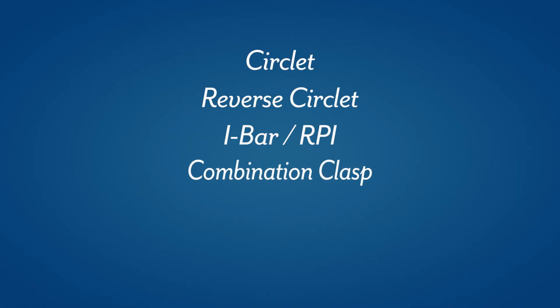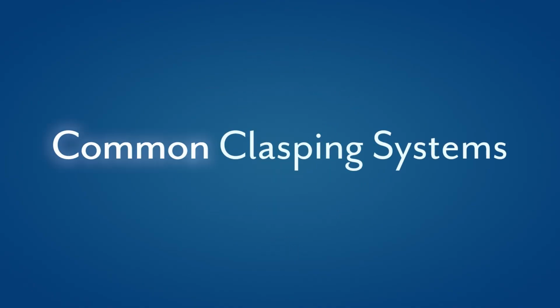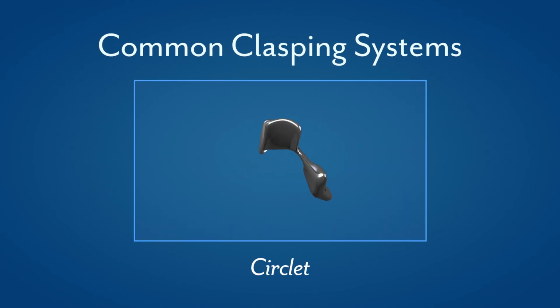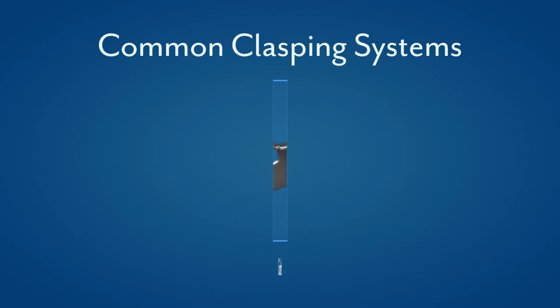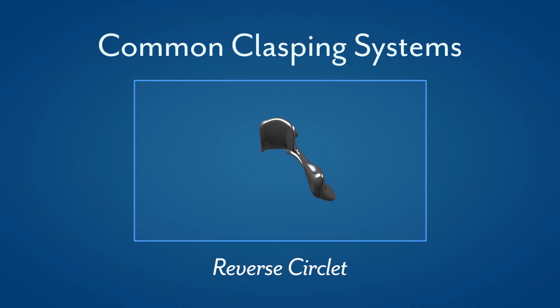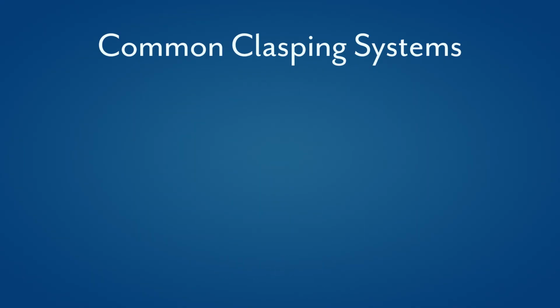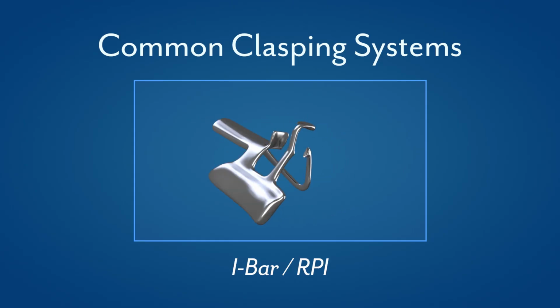And with that, let's consider clasping systems commonly used in removable partial denture therapy, as well as their indications and contraindications in extension-based applications. Common clasping systems include circlet, reverse circlet, I-bar, and RPI, which function very similarly.